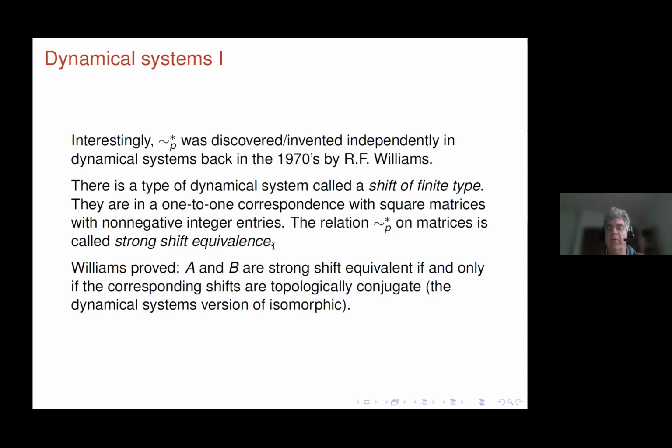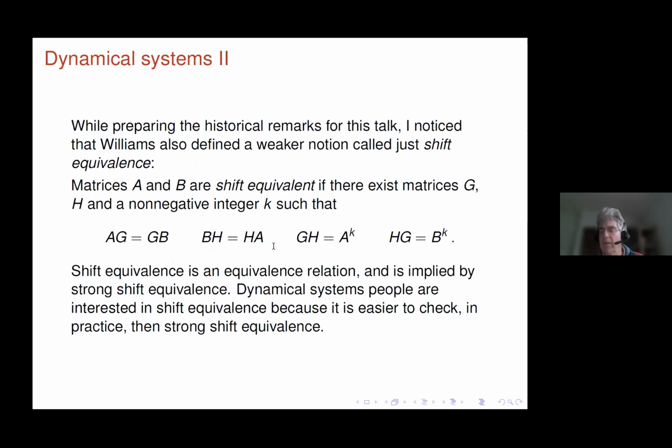Now it goes a little bit further, which is kind of interesting. While I was actually preparing for this talk, I thought it would be fun to tell you about the dynamical systems connection. And as I was reading some of the literature to make sure I wasn't telling complete lies about everything, I'm not telling complete lies, I'm just telling partial lies, I noticed that Williams not only defined strong shift equivalence, the strong apparently has some meaning.